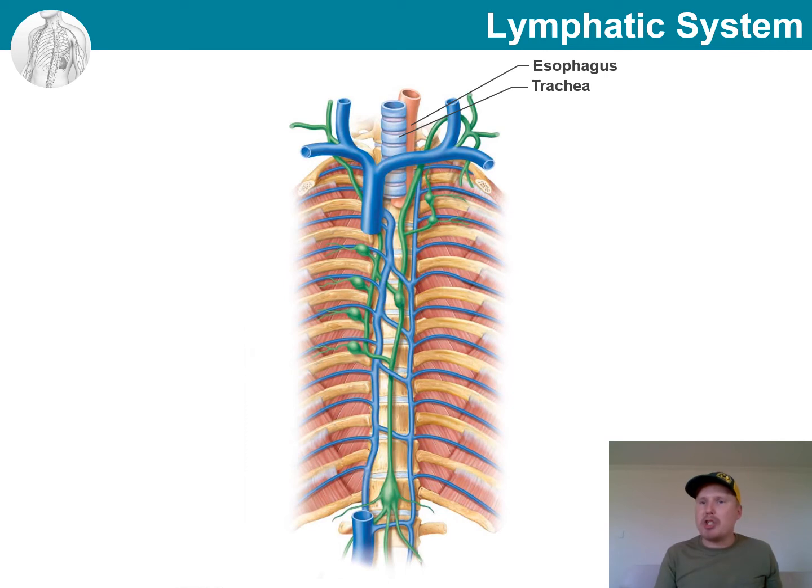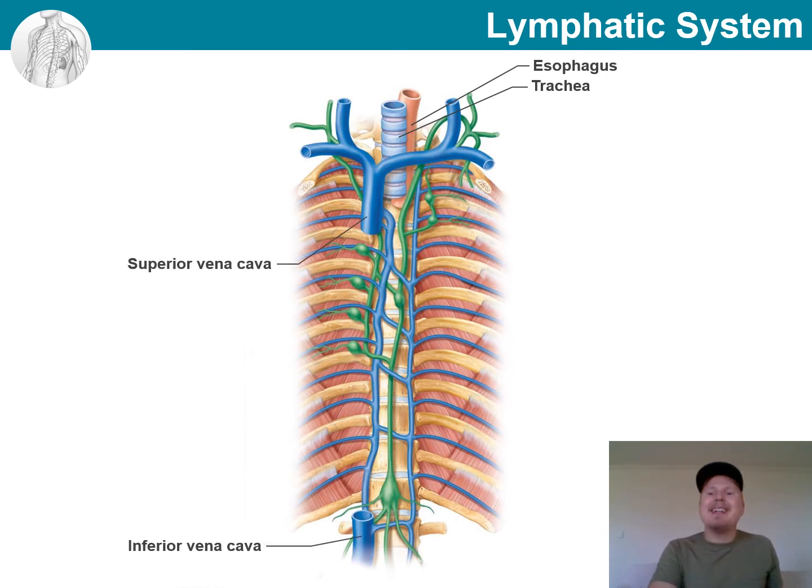And based on what we just learned about the cardiovascular system, we might note the superior and inferior vena cava. So these major veins bring blood into the heart. And on this picture, both of these vessels, as well as the trachea and esophagus, are all cut in order to allow us to see the other structures behind.